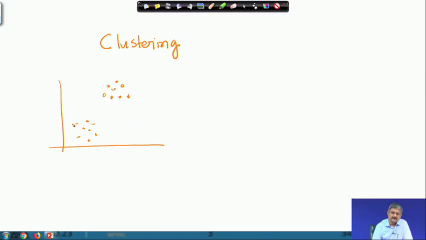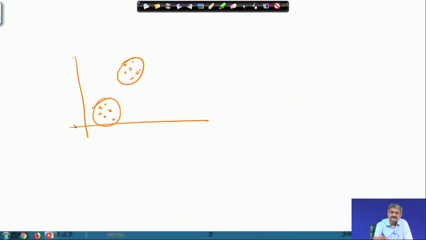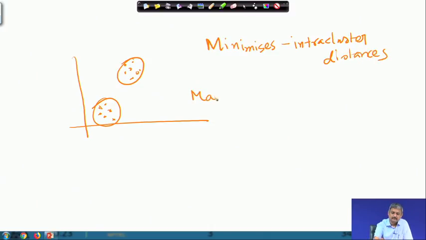if I ask you to split up these points into two groups, you will never do like this. Instead, you will do this group. Why? Because of the distances.